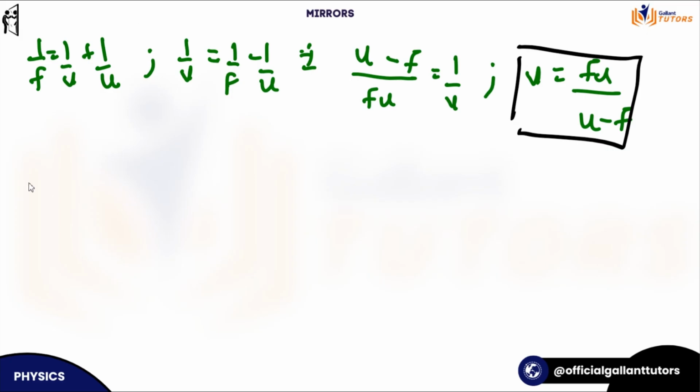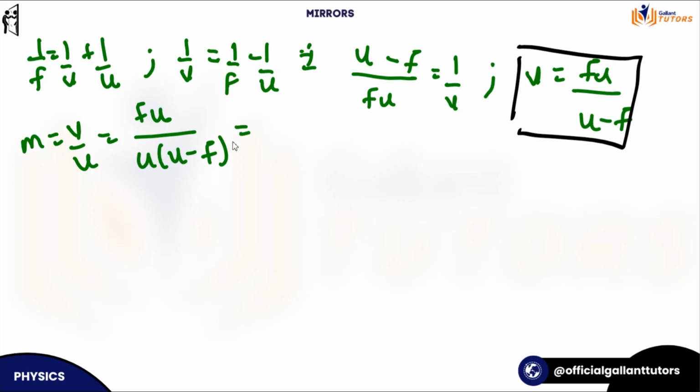Okay, what else? Now we can also use this: M is equal to V over U. We know this already, right? So from here, V is equal to FU over U minus F. Let's just substitute it and see how things turn out. M equals FU over U minus F, all over U. Do you get the angle I'm coming from? I believe you should.